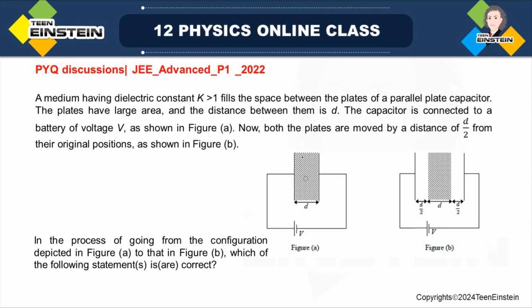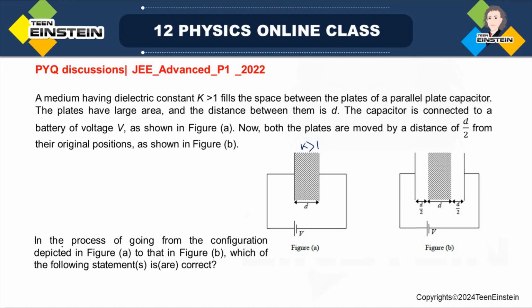This is the medium which has dielectric constant K greater than 1, and the distance between the plates is D, and the plates of the parallel plate capacitor are connected to a battery of voltage V. In the second configuration, in figure B, both the plates are moved away from their original position by distance D by 2. So this is the second configuration.